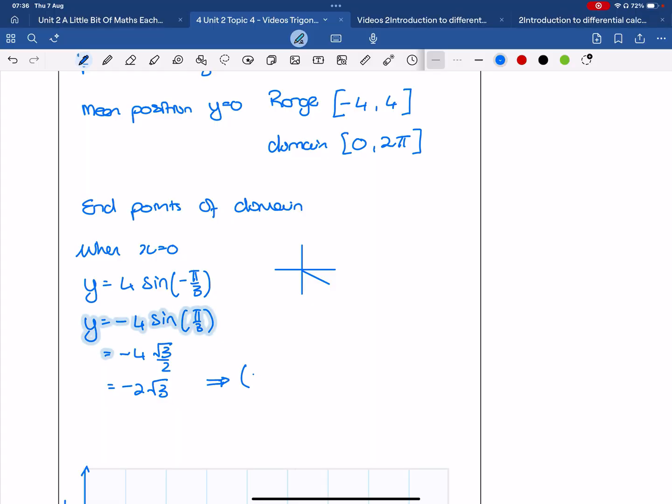So the beginning of my domain is at 0, -2 root 3, and because I'm sketching one whole period, similarly, when x is 2 pi, y is also -2 root 3.